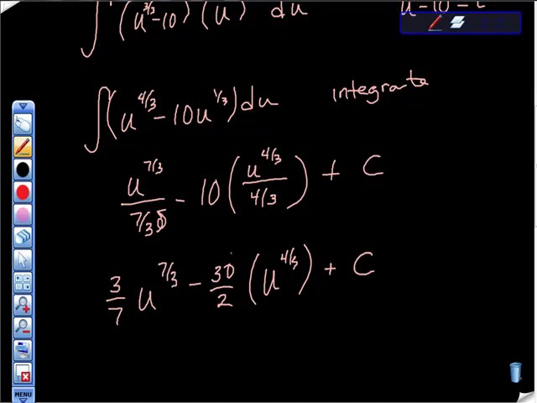Got to keep walking through this. 30 over 4 should be 15 halves, shouldn't it?